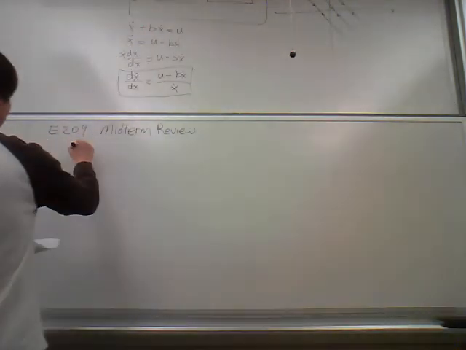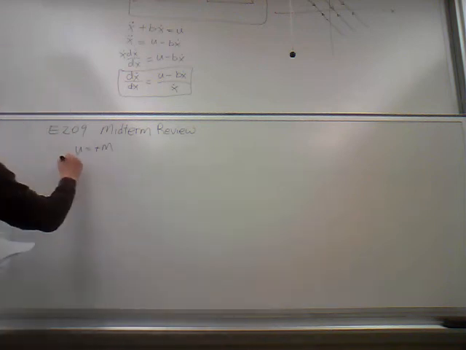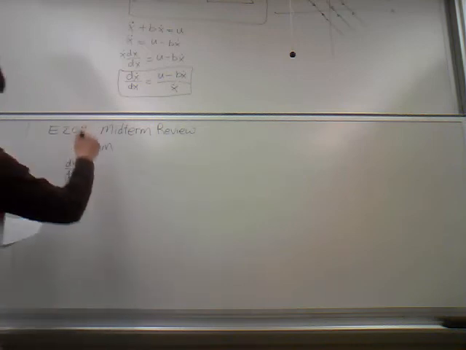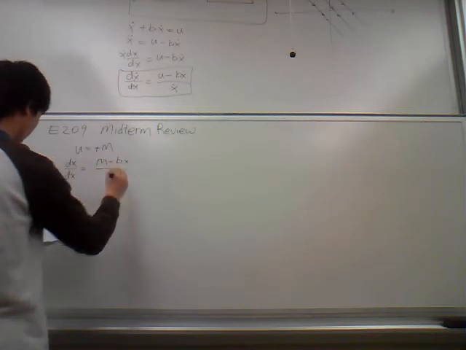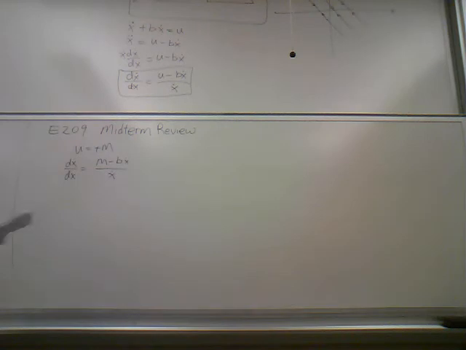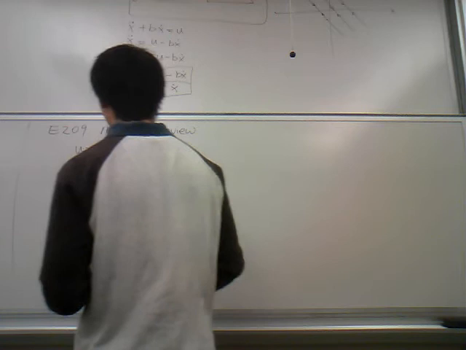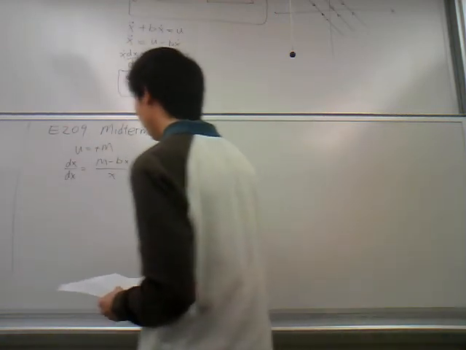let's have u equal to plus M. Our dx dot over dx is going to be (M minus b x dot) over x dot. So now notice that, let's do it this way.